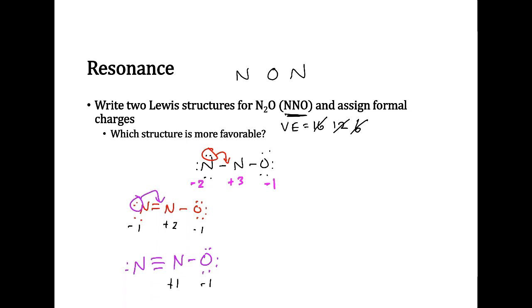We've minimized the formal charge. So this is a good Lewis structure. Okay, so what's another option that we could take? Well, another option would be, instead of taking a lone pair from that terminal nitrogen, just take a lone pair from that terminal oxygen. Whenever we do that, we would have this structure.